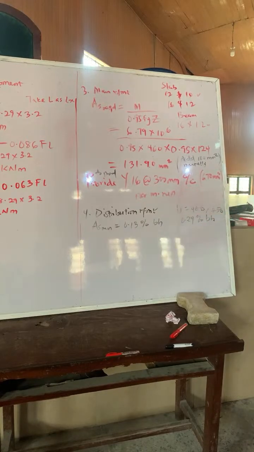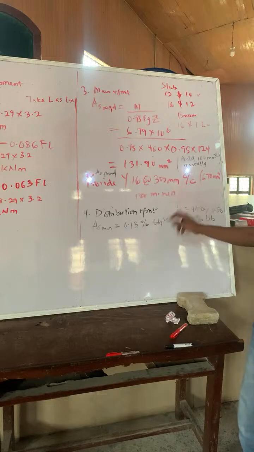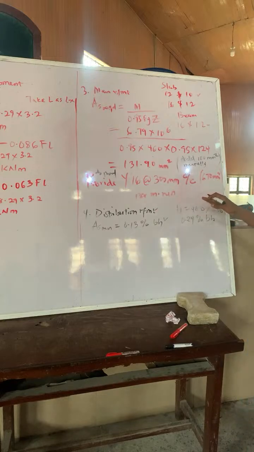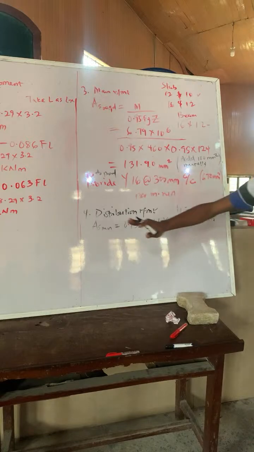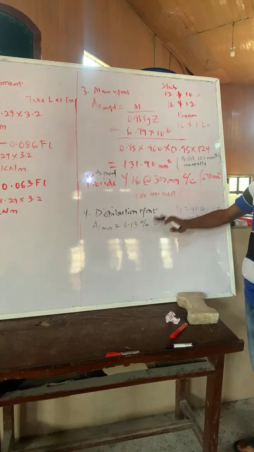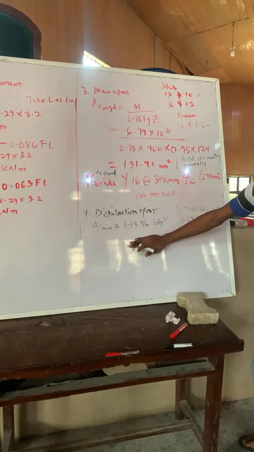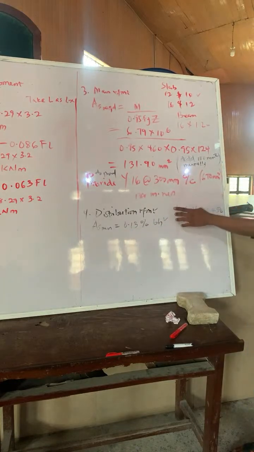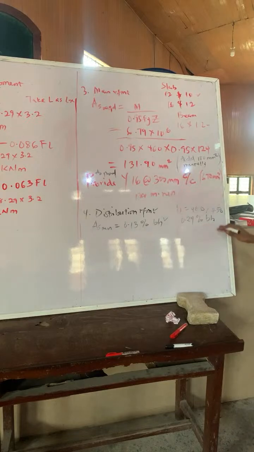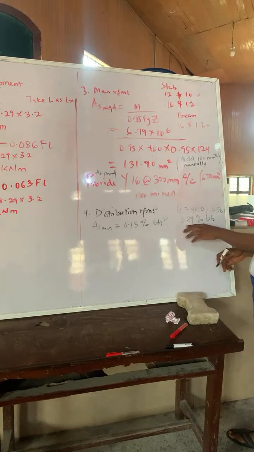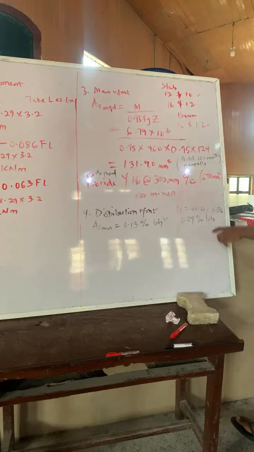You get? But now we are using this because if it's 410 or 460, that is high yield, we use this for our As minimum. But if the question gives 250 Newton per millimeter square as our fy, we will use 0.24% of bh.